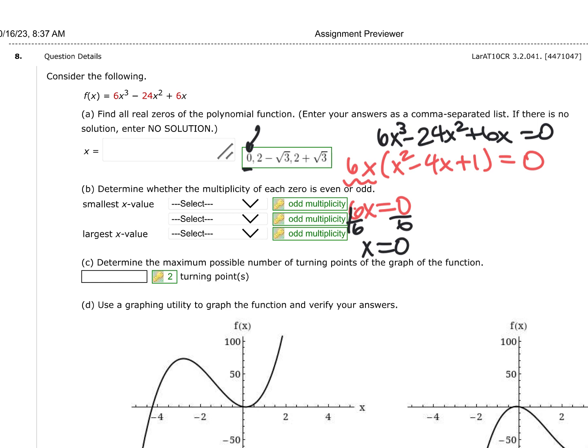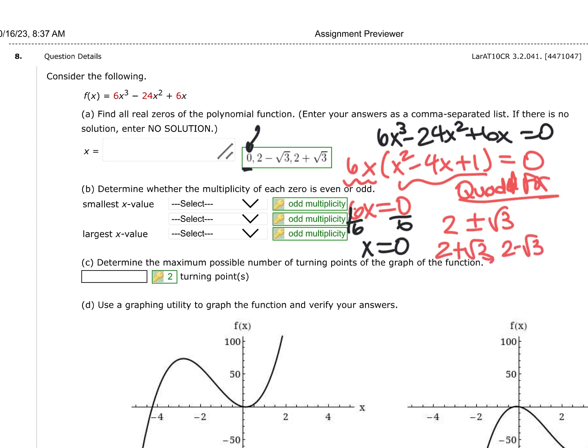And then this x squared minus 4x plus 1, you would have to do the quadratic formula to get your roots, okay? And you know how to do the quadratic formula because we had that in the past. You would end up with 2 plus or minus the square root of 3. So 2 plus the square root of 3 is one solution, and 2 minus the square root of 3 is the other.